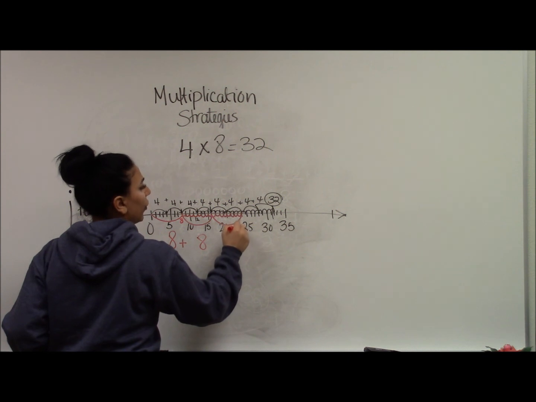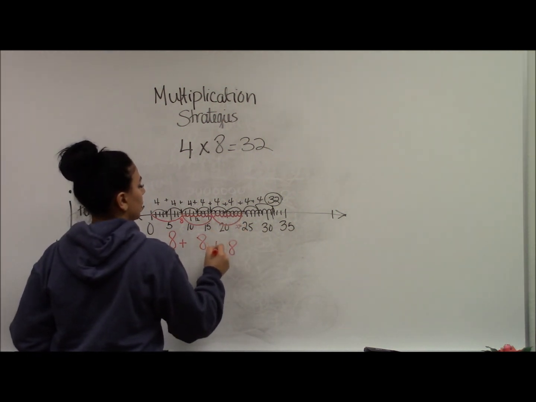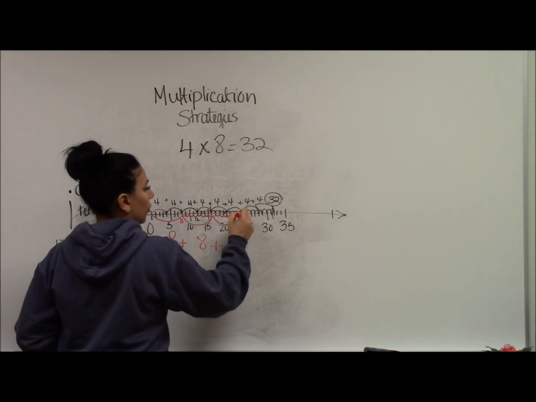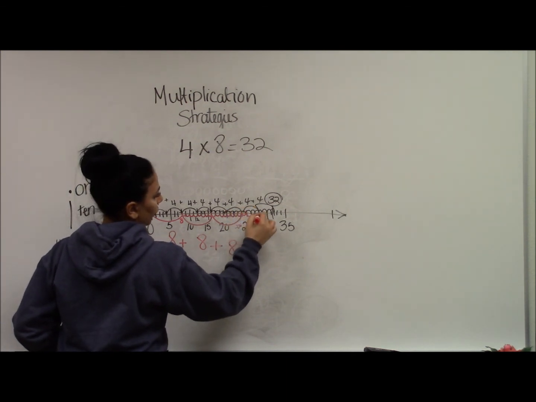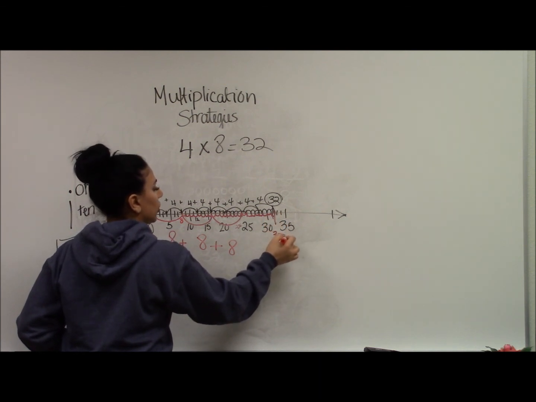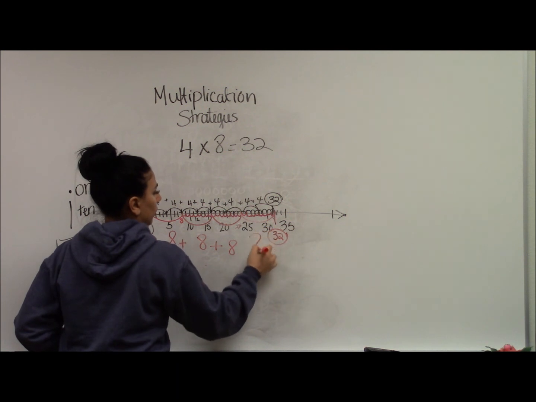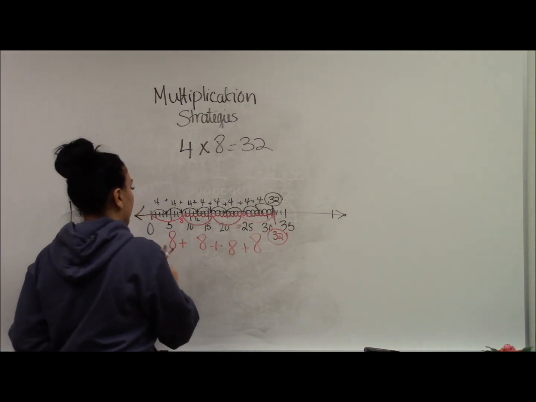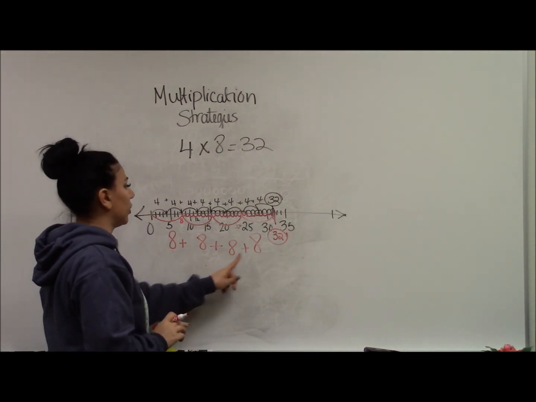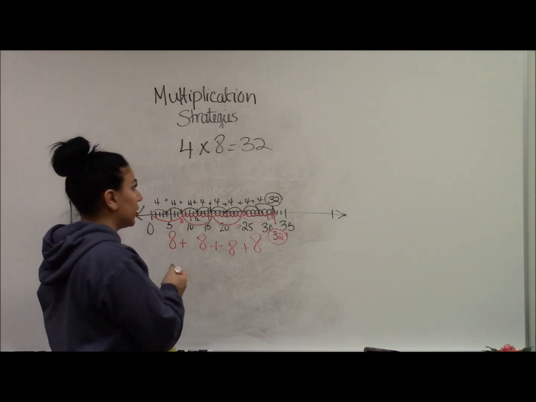Now I'm at 24, which is what 8 times 3 is, just to make sure that you stay on track with it. 1, 2, 3, 4, 5, 6, 7, 8. I'm at my final answer of 32, and that's what that final 8 will be. See, I added 8 4 times. This is multiplication using number lines.